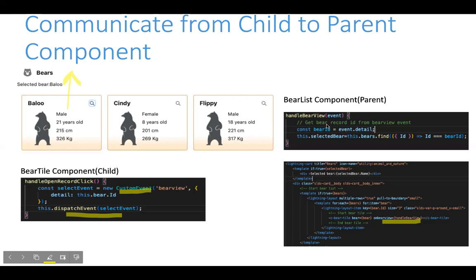Here in this bear ID, we get the data sent from the child, and I'm querying to show the name of that particular bear. When I'm clicking here, this bear's name will show here. When I click another, it will update to that bear's name.